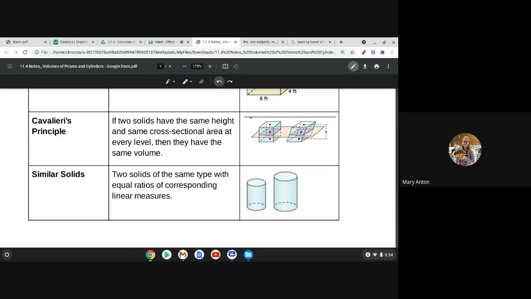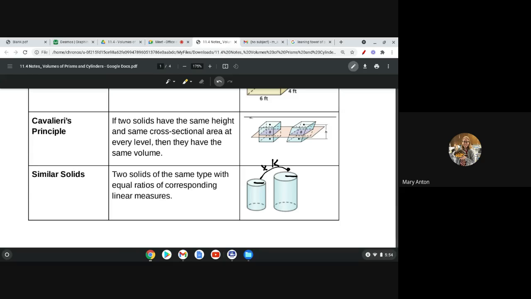And then we've got this concept of similar solids, which are two solids of the same type, like a cylinder and a cylinder, a prism and a prism, with equal ratios of corresponding linear measures, which means that if you have a radius of this smaller one and a radius of this larger one, you can multiply by some scale factor k to get to the larger value.